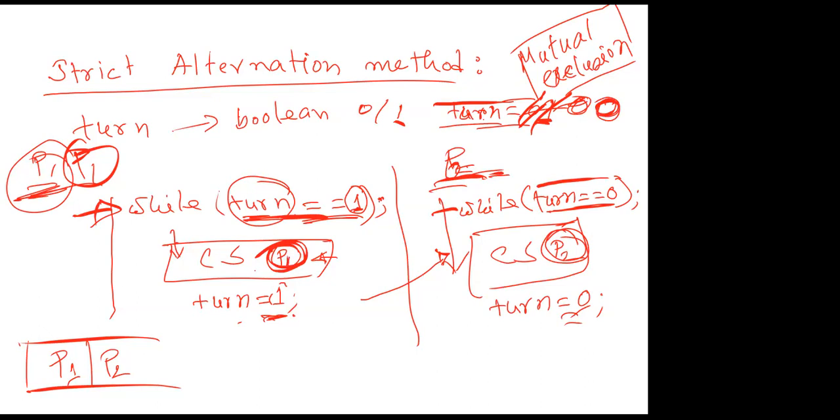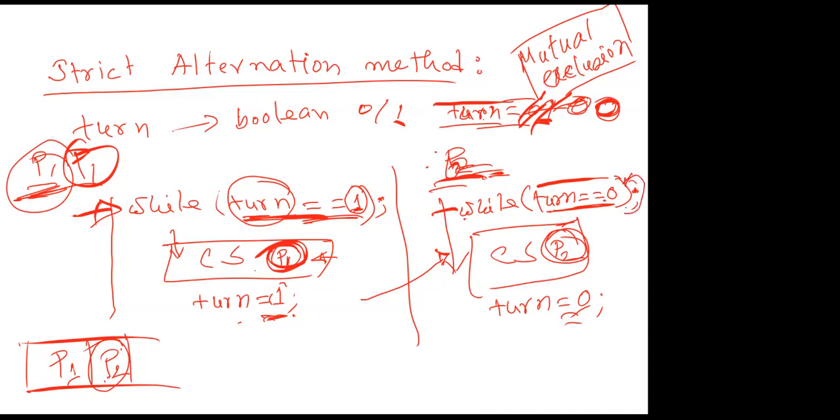P1 is inside the critical section, and the operating system schedules process P2 again. Let's check whether P2 can enter the critical section. Here, while turn equals 0, since turn equals 0, P2 will execute only this line.